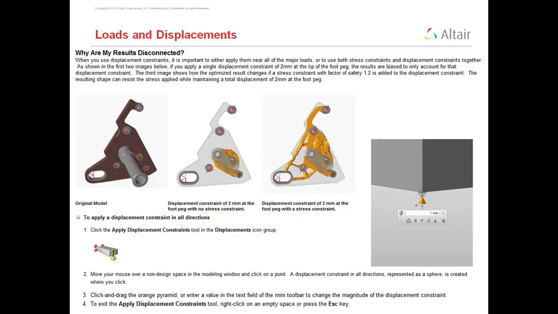The third image shows how the optimized result changes if a stress constraint with a factor of safety of 1.2 is added to the displacement constraint. The resulting shape can resist the stress applied while maintaining a total displacement of 2 mm at the foot peg. So this will be a tips and tricks for Inspire.